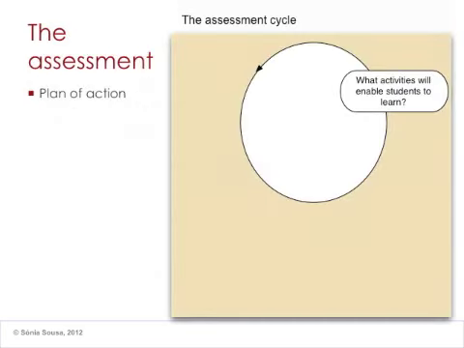Now we move on to describing the assessment plan cycle. This is a cycle that happens, or should happen, every time we need to assess students' performance and achievements in a particular learning area. The first thing that needs to be addressed here is to inform students of what activities will enable the learning process.